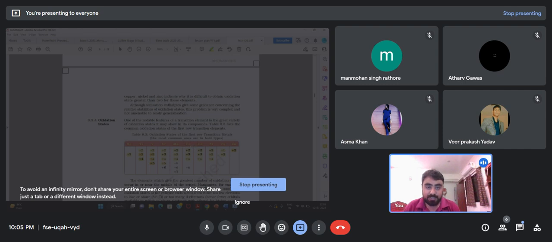Iron, Fe, is very important. Manganese is important because manganese has plus 7 also. It is the only element which has plus 7 oxidation state. Manganese, very popular. Chromium is important. So which all elements did I say? Scandium, chromium, manganese, iron, copper, and zinc. So make sure you remember this.